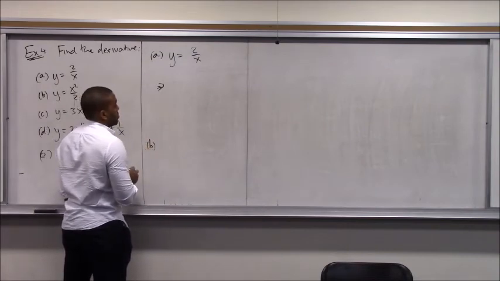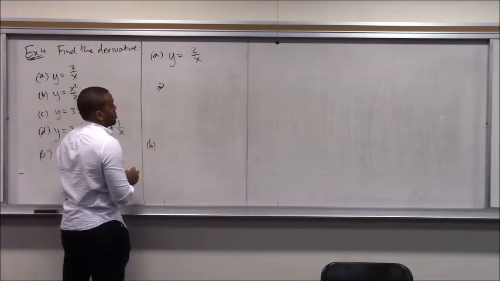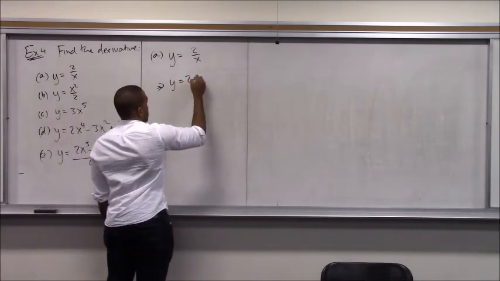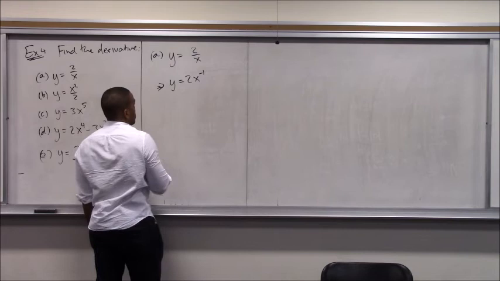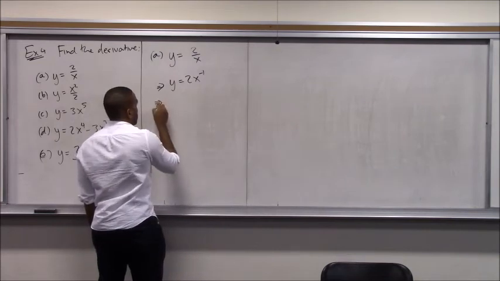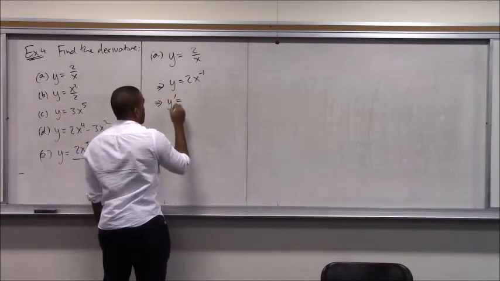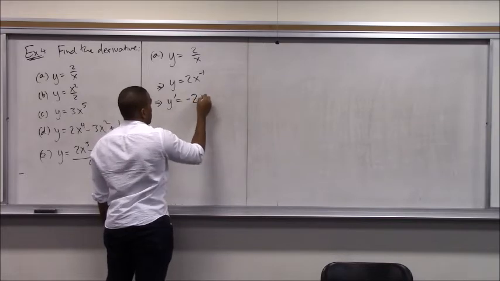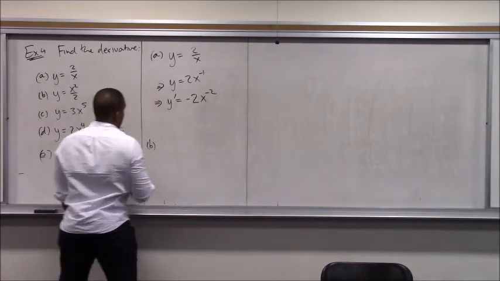So it will be 2, and then you put x on top, so it's going to be x to the negative 1. And then you bring down the 1 to the coefficient, so you multiply it, and then you subtract 1 from the exponent. So we do what? It's going to be negative 2.